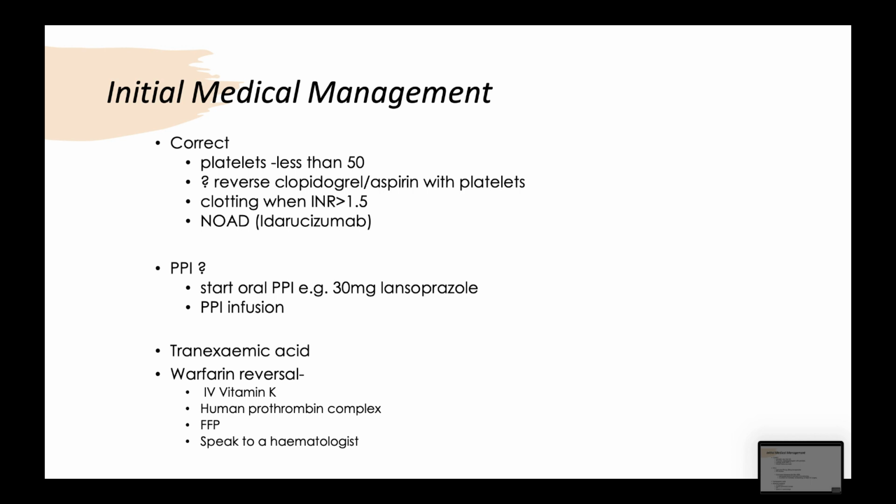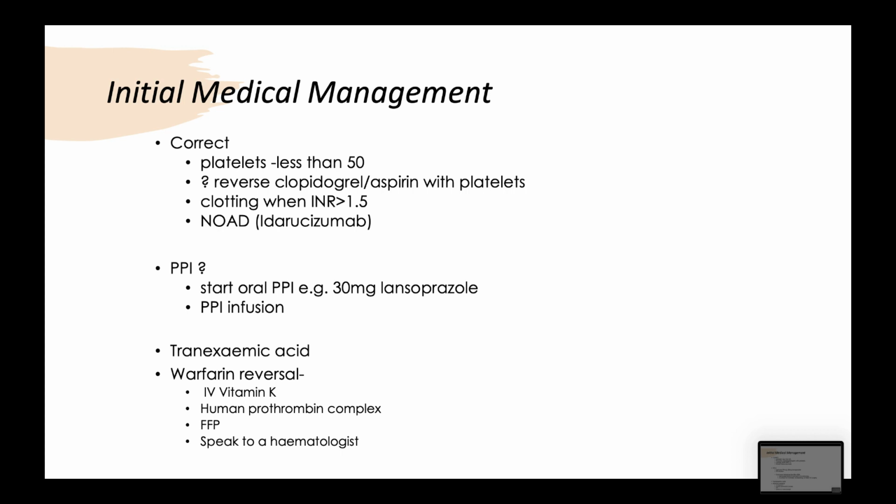And you would definitely consider tranexamic acid if they've got a higher than expected INR, or if you suspect they are actively bleeding. And then if they are on warfarin, you need to consider giving vitamin K, human prothrombin complex, fresh frozen plasma, as well as you need to speak to a hematologist.